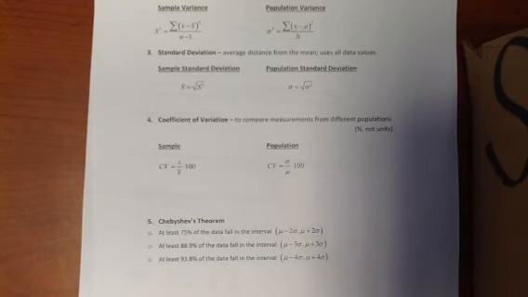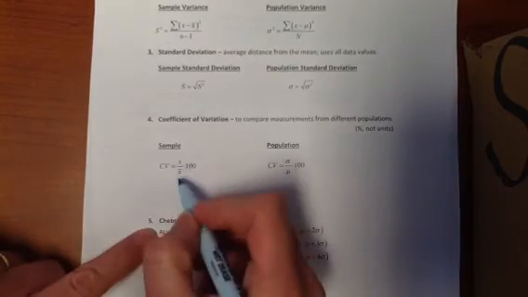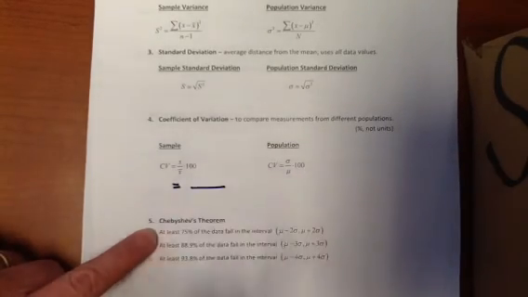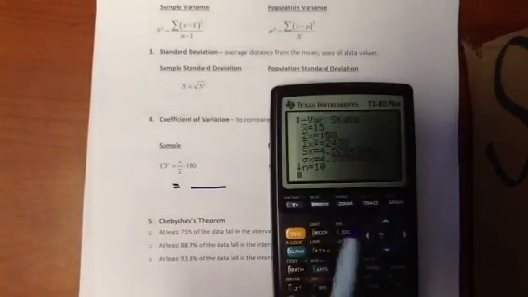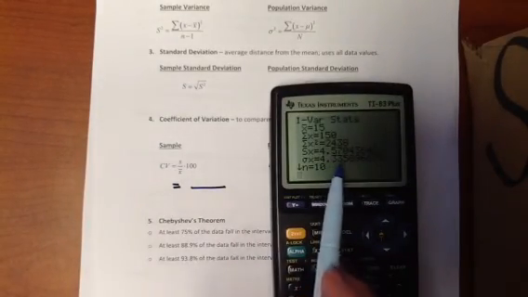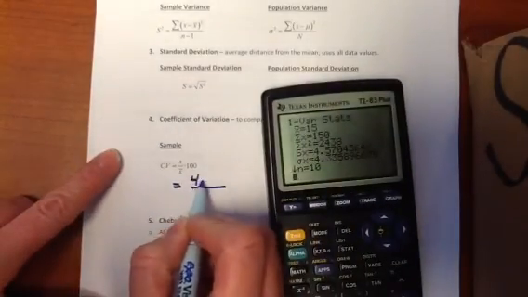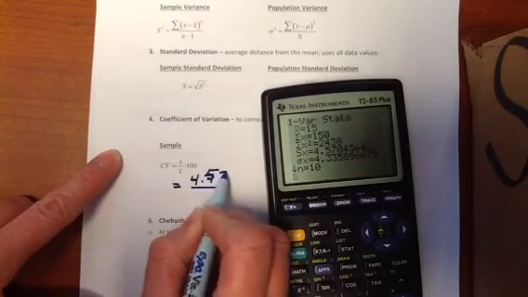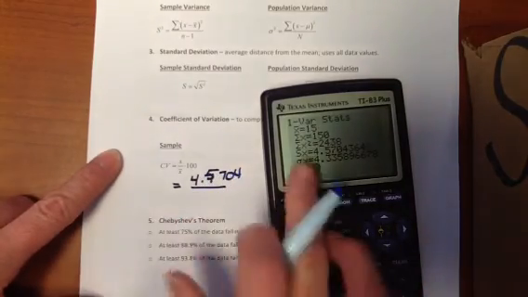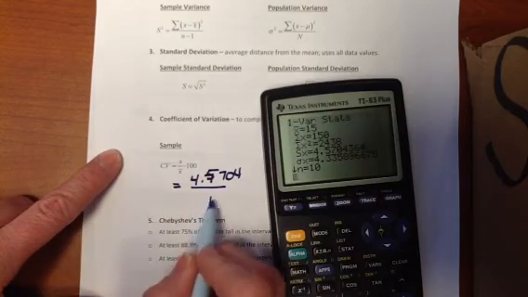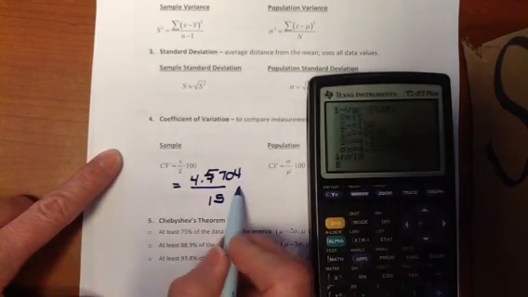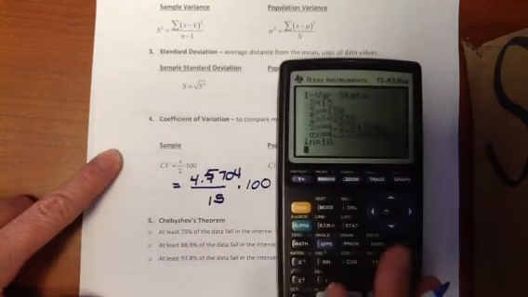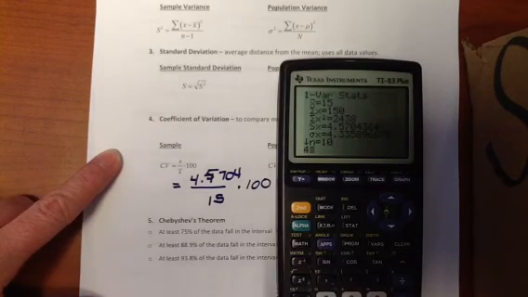You can see it is the standard deviation divided by the mean times 100. So in our example that we just did, our standard deviation was 4.5704. So we take 4.5704.